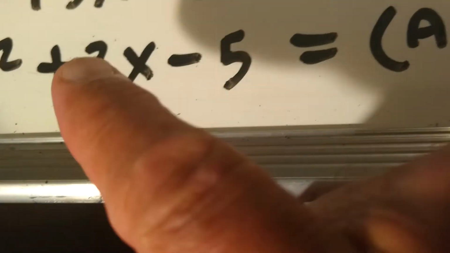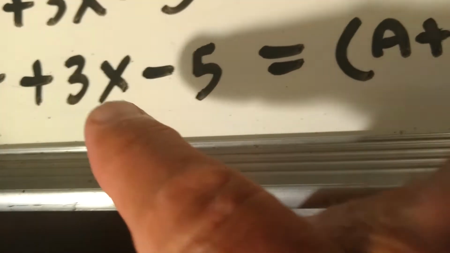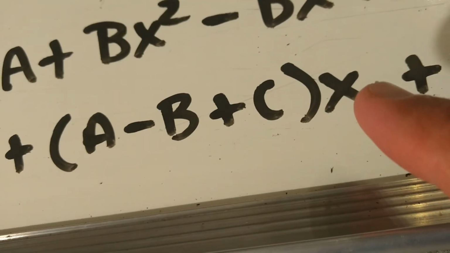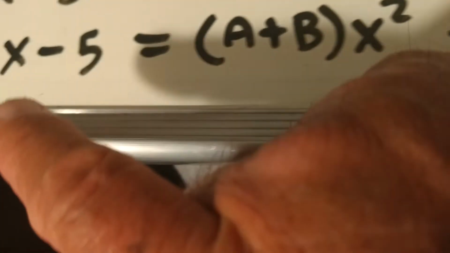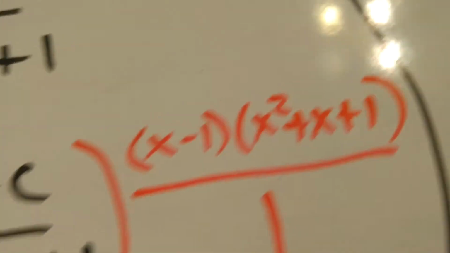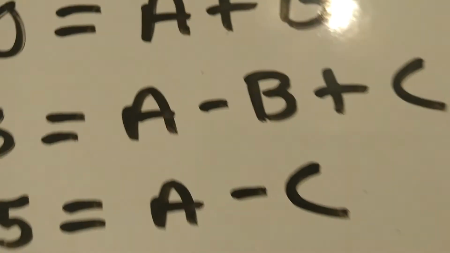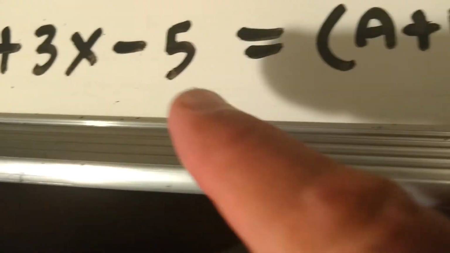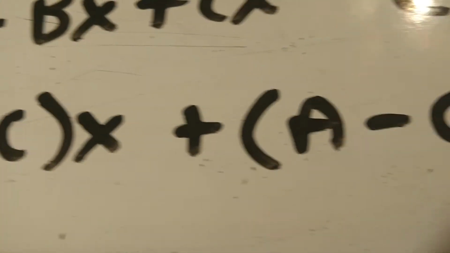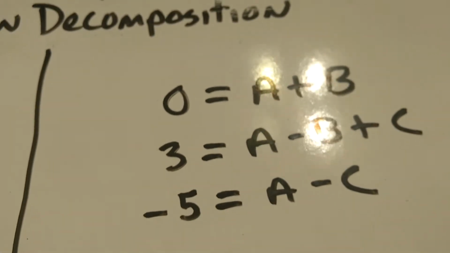Here I have 3x to the first power. Here I have A minus B plus C times x to the first power. So I have 3 equals A minus B plus C. That's my second equation. This one I have a constant of minus 5, which is A minus C. So minus 5 equals A minus C. So there are my three equations that I have to use to solve.